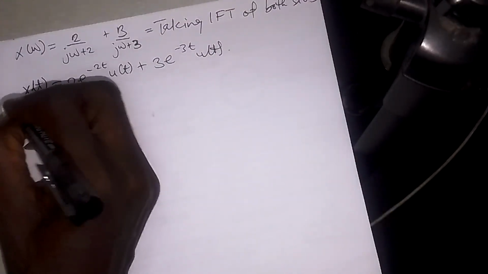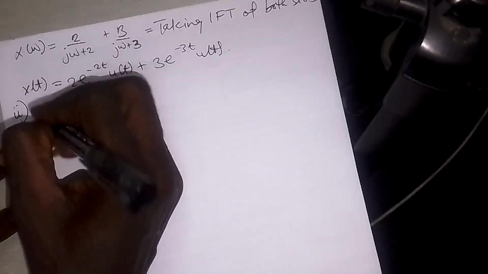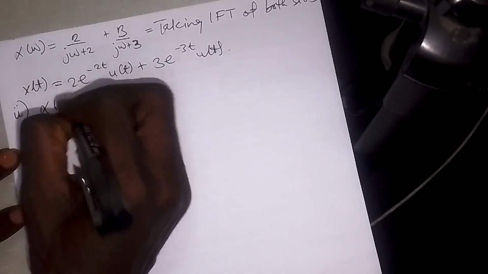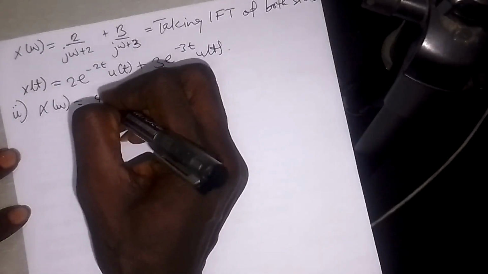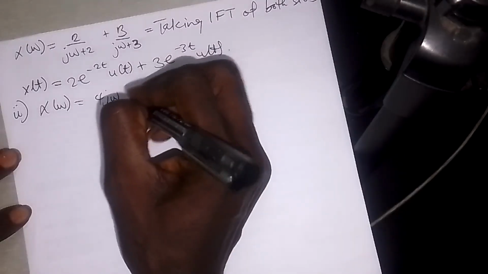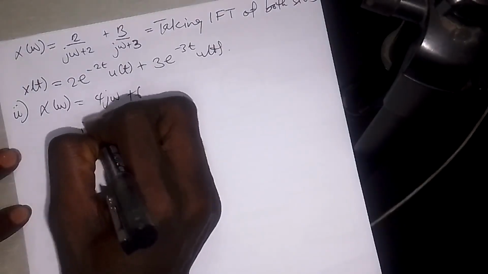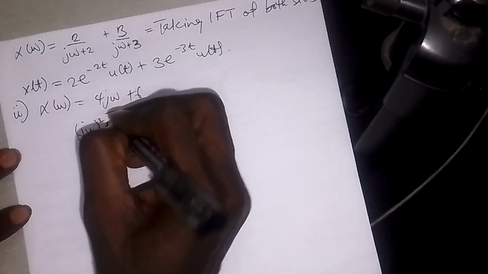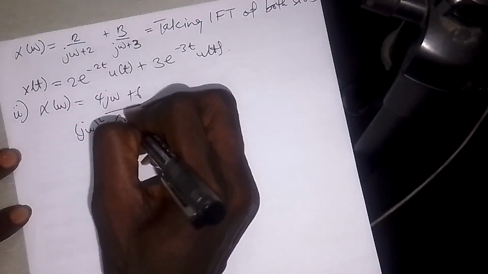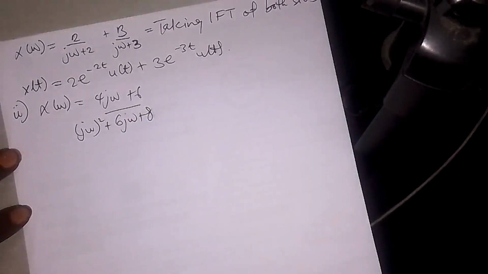So the second one is such that we have Z of omega equals 4 j omega plus 6 over (j omega) squared plus 6 j omega plus 8.